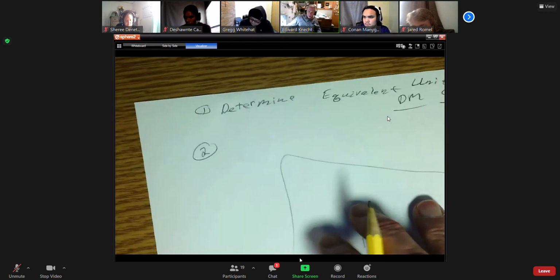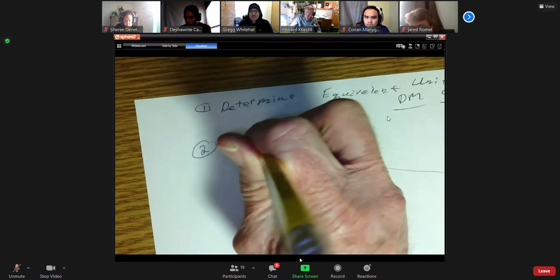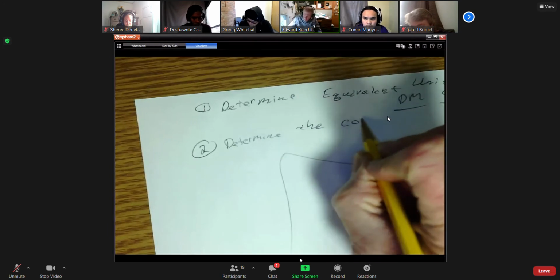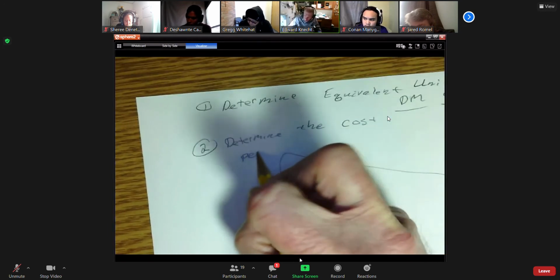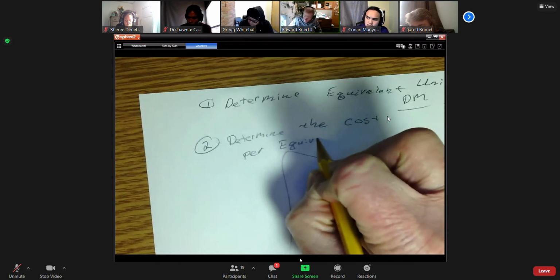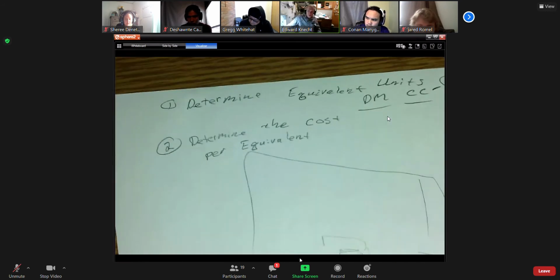Step 2, you have to determine the cost per equivalent unit. In part 2, you figure out what the cost was in the beginning work in process, what costs were added this time period, and then you know the total cost.